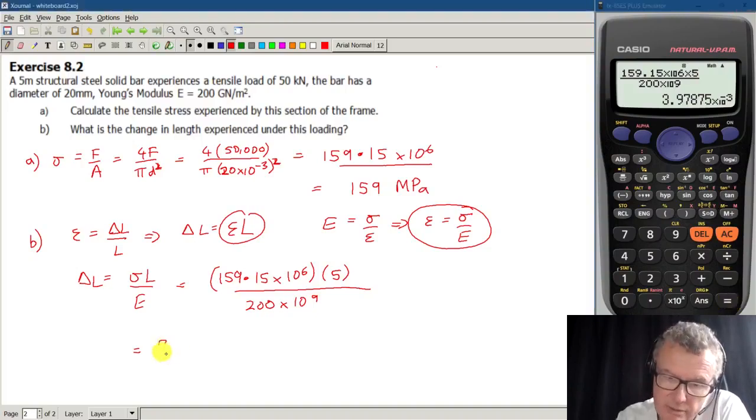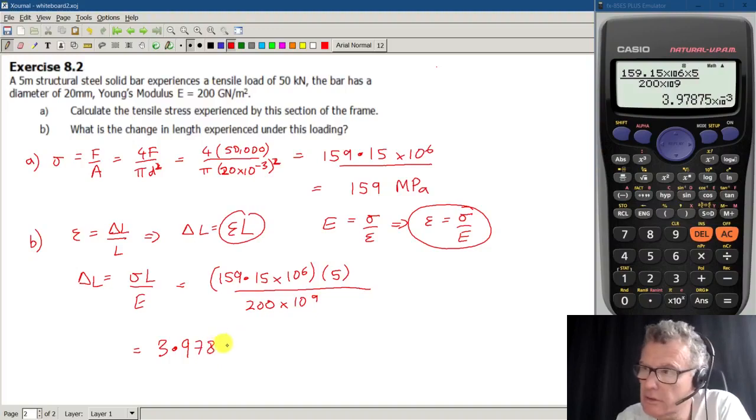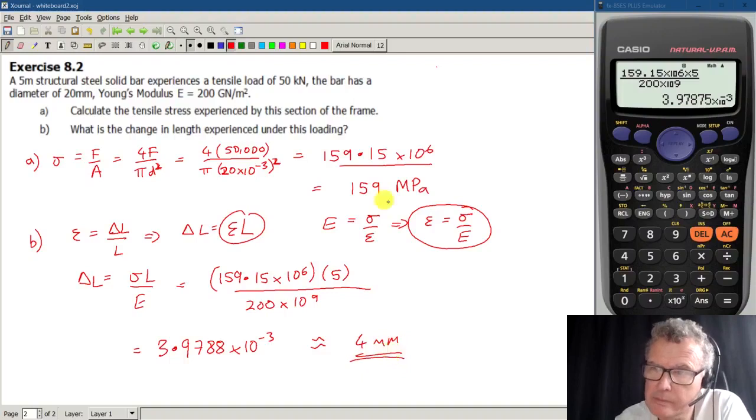So I could say 3.9788, let's write this out to 5 sig fig first, rounding up the 7, times 10 to the minus 3. And so rounding this to the nearest millimeter would be 4 millimeters. Okay, so that's 8.2.